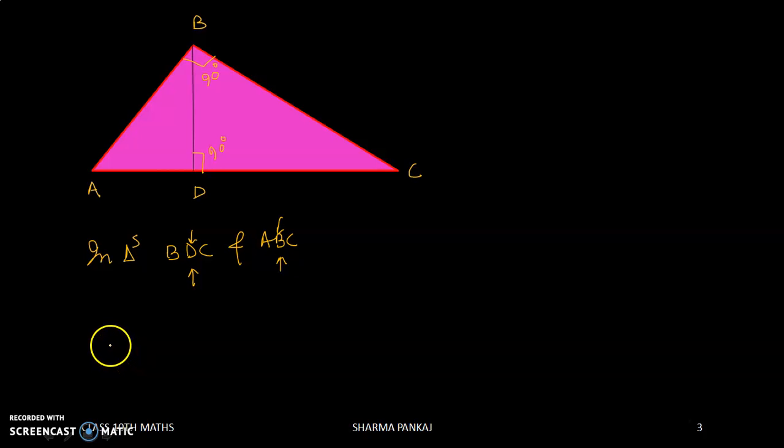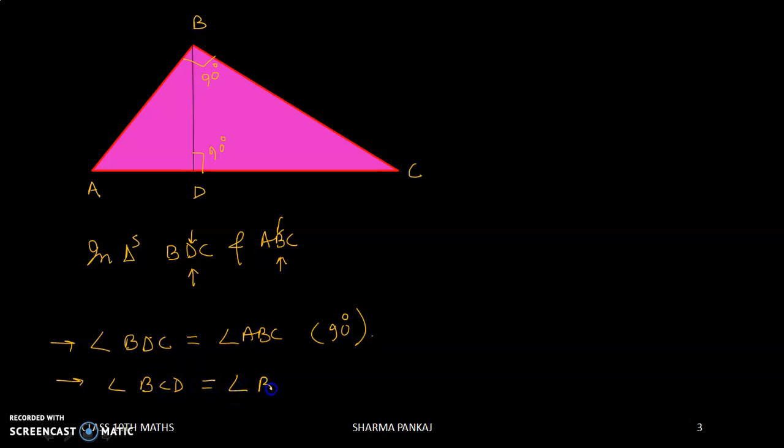So in these two triangles, angle BDC is equal to angle ABC, that is 90 degree both, and angle BCD is equal to angle BCA, which is common to both. Now, from similar triangles, ratios of corresponding sides are equal to each other.